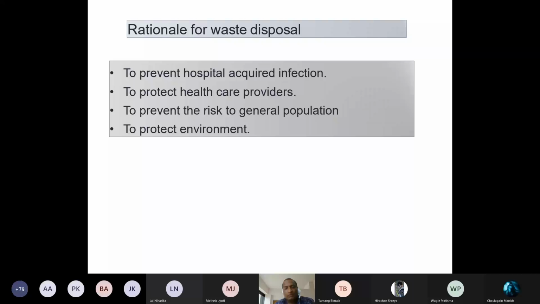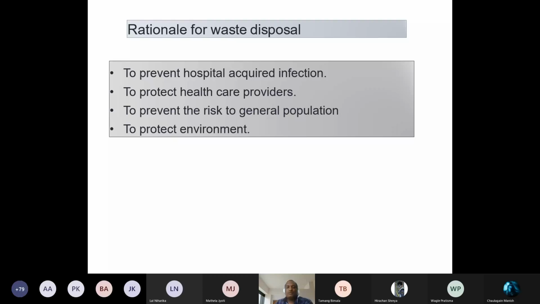A separate storage room should be there to store it first. Then in the hospital setting there will be dumping sites, landfill sites, or an incinerator.